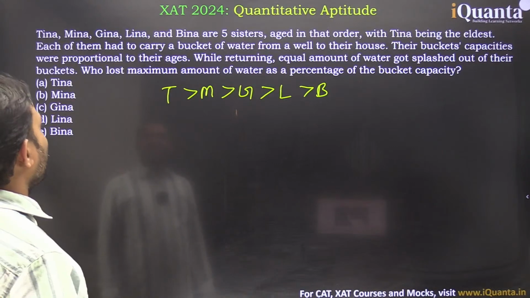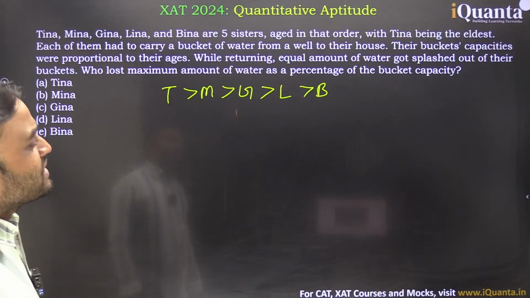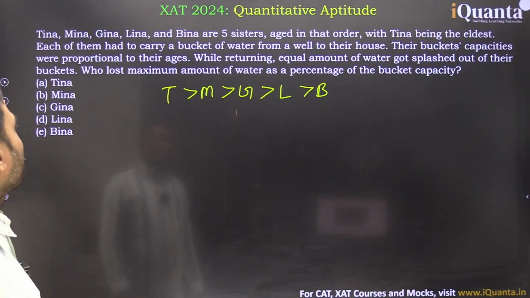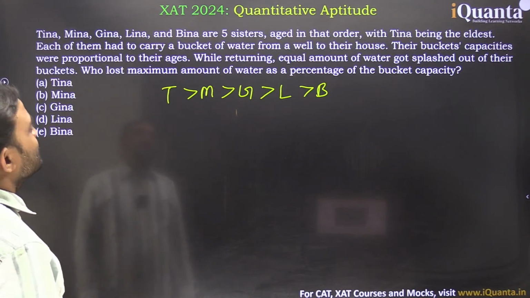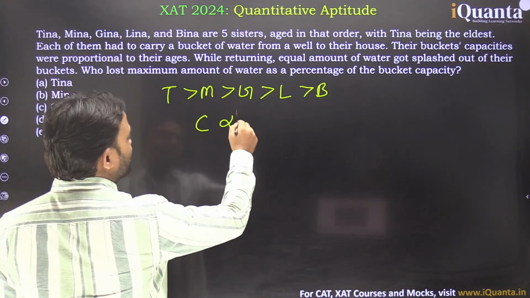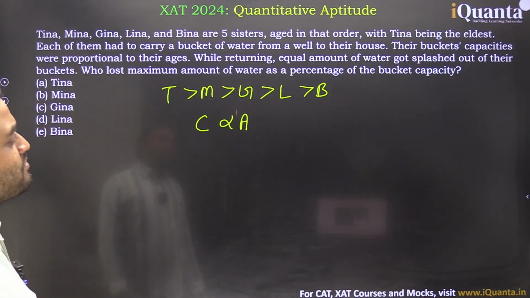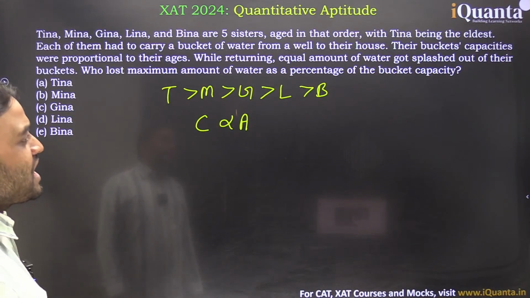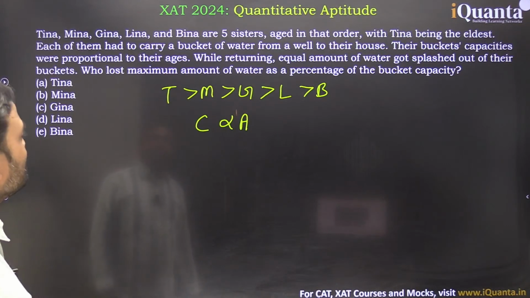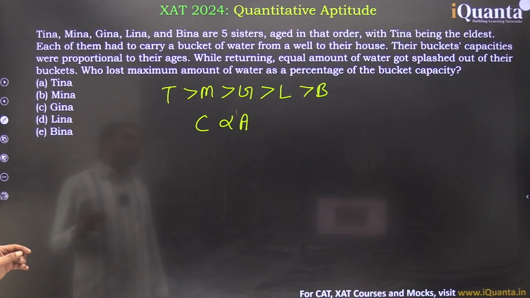Now each of them had to carry a bucket of water from a well to their house. The bucket's capacities were proportional to their ages. So capacity is directly proportional to age. While returning, equal amount of water got splashed out of their buckets. Who lost maximum amount of water as the percentage of bucket capacity?